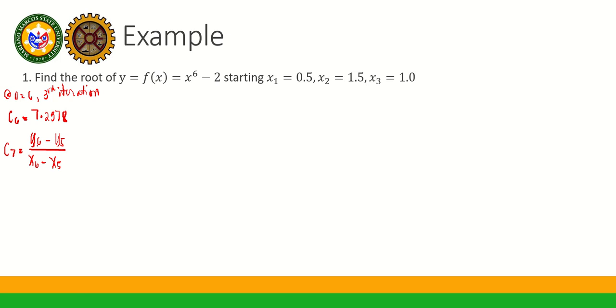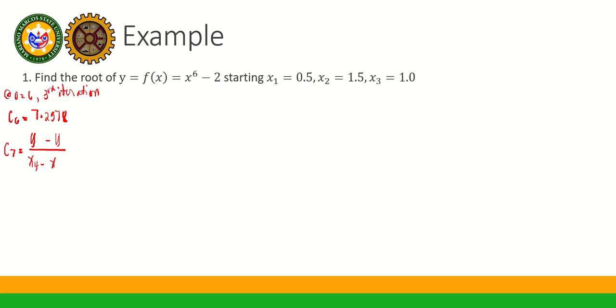So, 6 minus 2, that should be y sub 4. Oh, sorry. Should be y sub 4. Tapos y sub 3. And then x sub 4 minus x sub 3. Okay, so na-compute na pala natin c sub 6. C sub 7 will be y sub 5. I'm sorry.